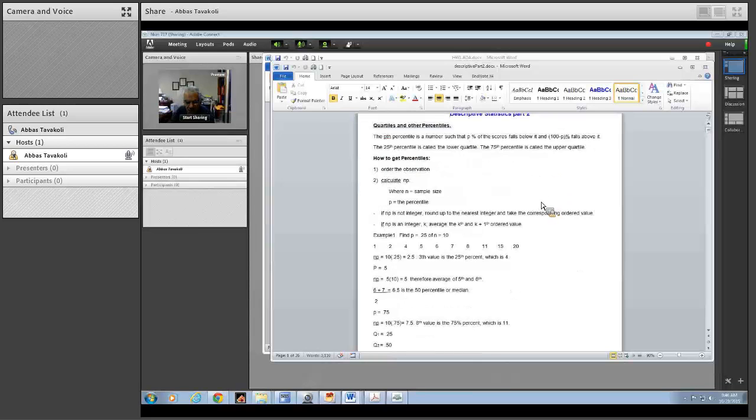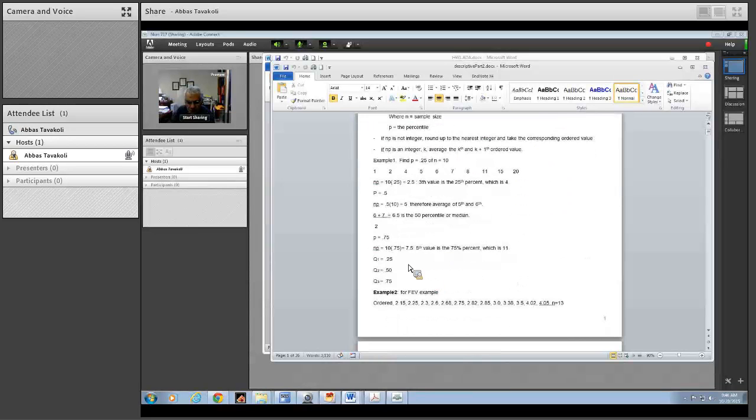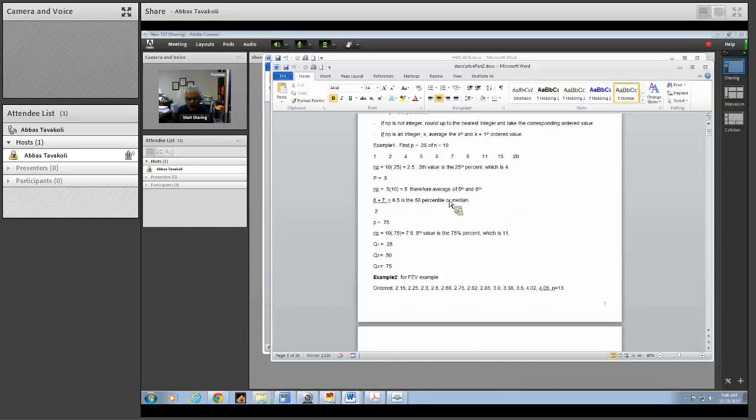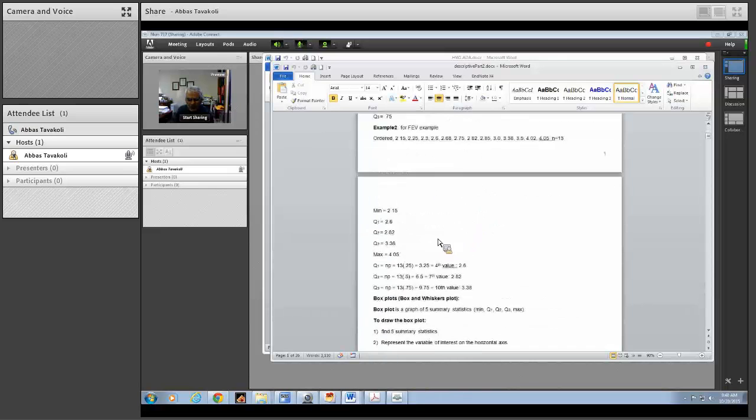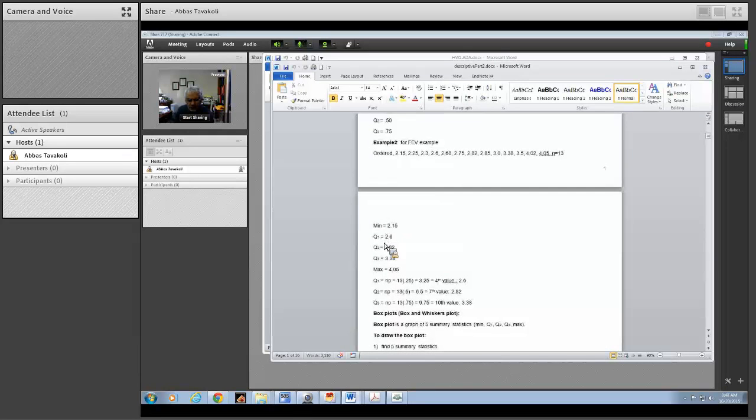This is an example of how you can get the percentile. For example, for the 25th percentile, you use the formula, and if it's a round number, you take the average of that value and the next one.